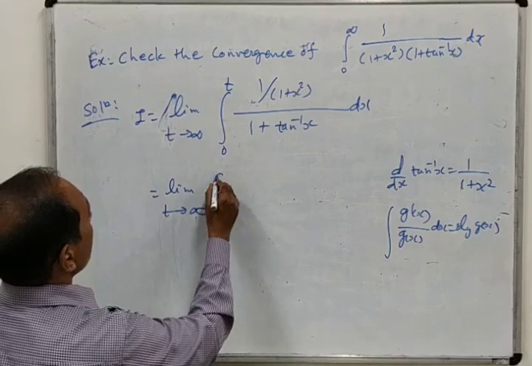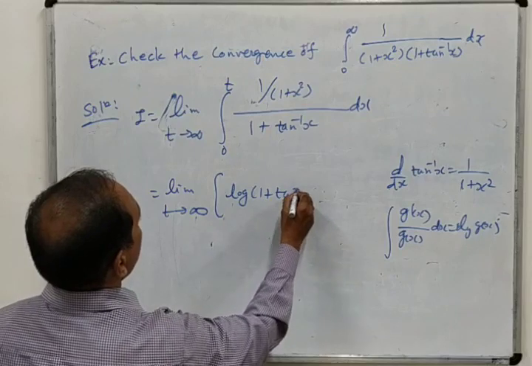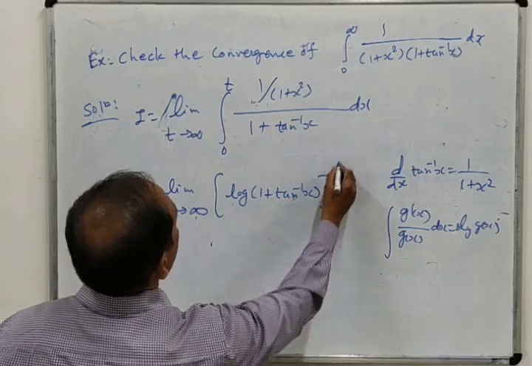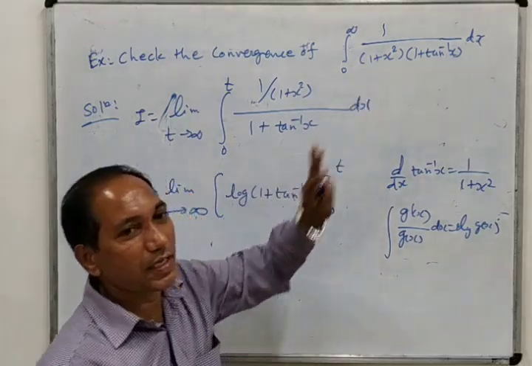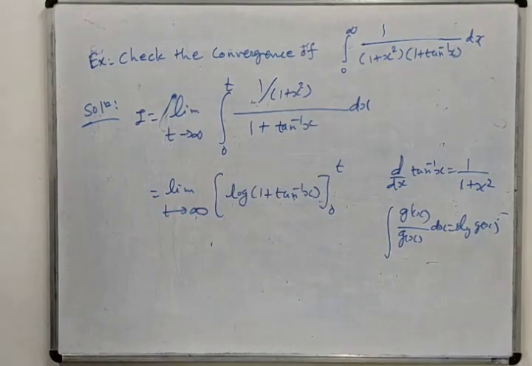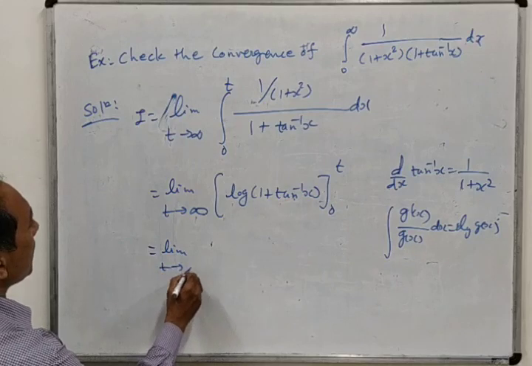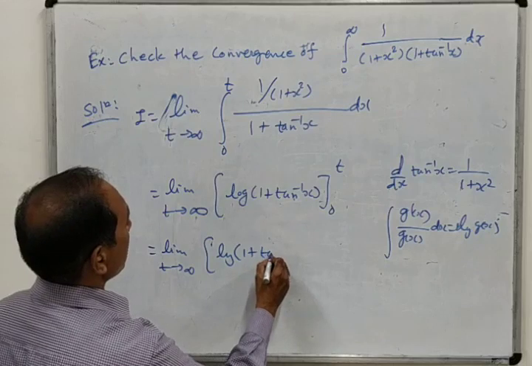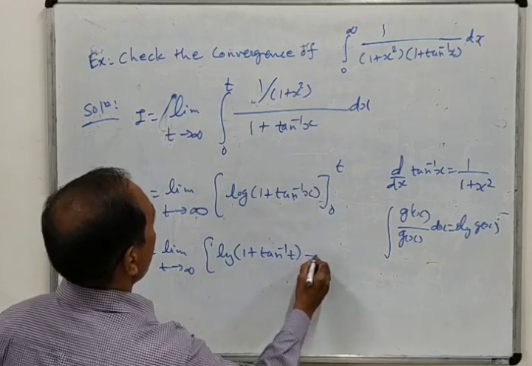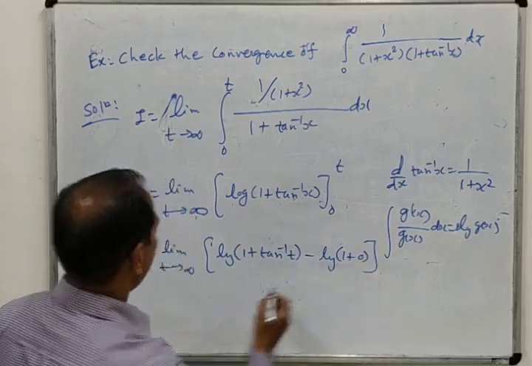So as t tends to infinity, its integration is nothing but log of 1 plus tan inverse x from 0 to t. Simple. At first look, we can observe that it is very difficult, but after understanding, we can see it is very easy. So the limit as t tends to infinity of log of 1 plus tan inverse t minus log of 1 plus tan inverse 0, but tan inverse 0 is 0.